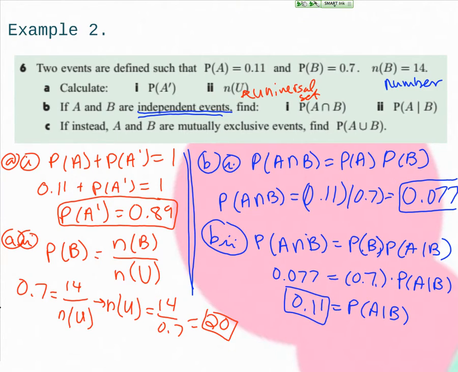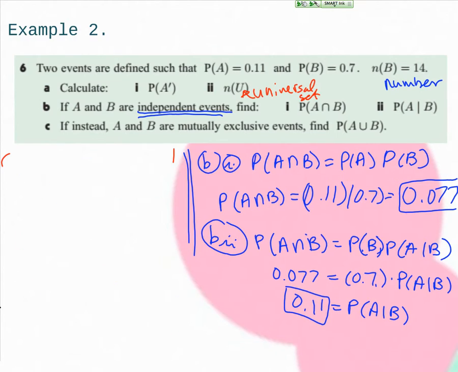Any questions before we do the last part? I'm going to erase this red stuff then. For this one, it says instead they're mutually exclusive. Mutually exclusive events also have nothing to do with each other, but they're just a little bit different. They don't overlap at all. So find the probability of that union.